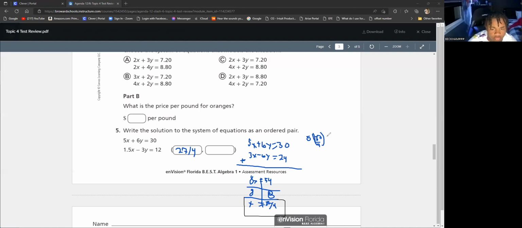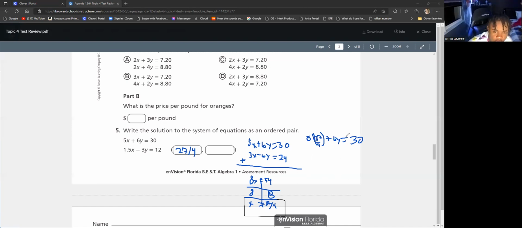Plus 6y equals 30. Okay, 27 times 5 is 135, is it? 135 over 4. 27 times 5 is 135.